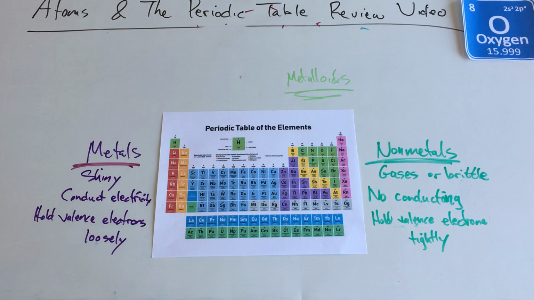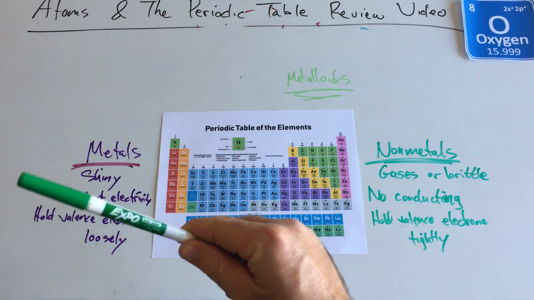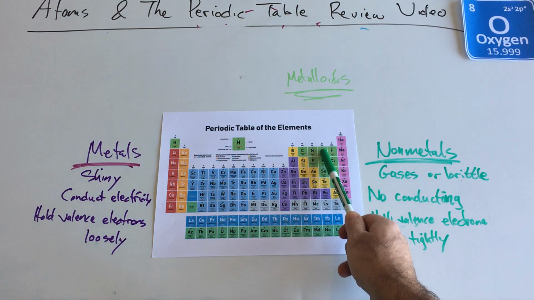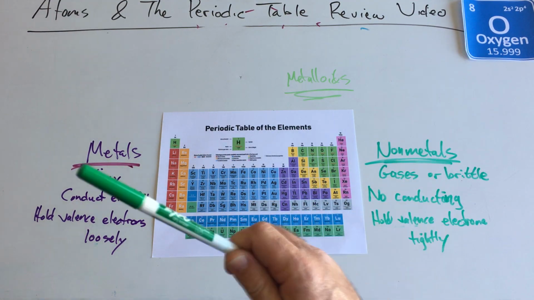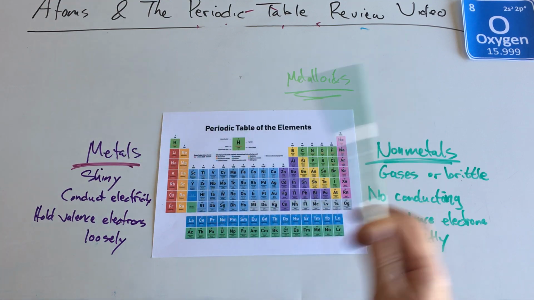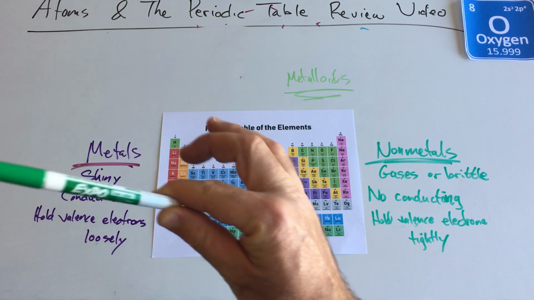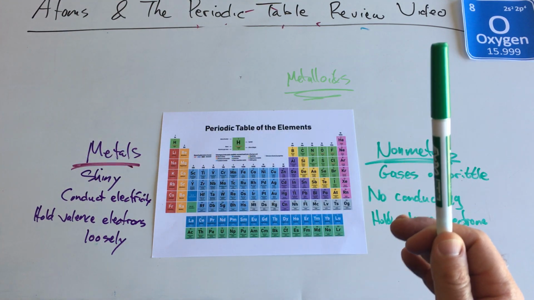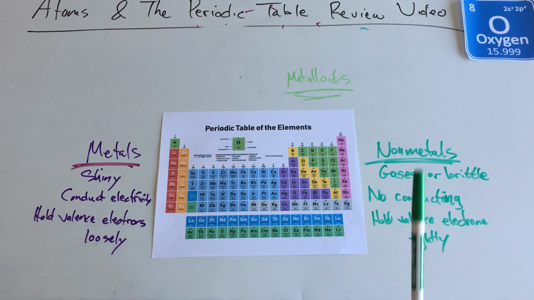They do not conduct electricity, which is why the electricity that is flowing into the power cord, into my phone right here, is not zapping me, because I put a lot of oxygen and nitrogen between me and it. And the oxygen and nitrogen in the air don't let that electricity flowing into the bottom of my phone flow into my hand. So thank you, non-metals, for not conducting electricity.